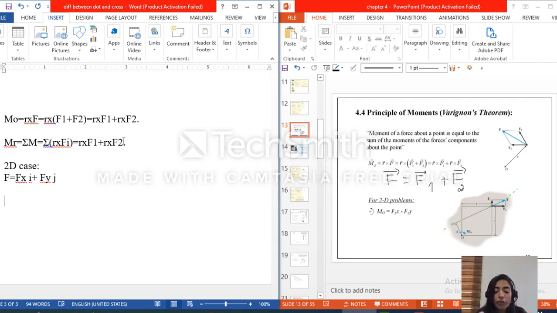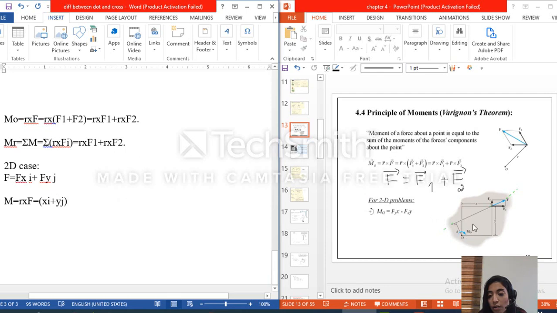Which means if I need to find M of this force F, it is R cross F. Now let's replace R by the position vector from O to F. So if this is F basically, then R should be from O to a point on F. So if I take the point of the start of the vector F, then R will be also x i plus y j.